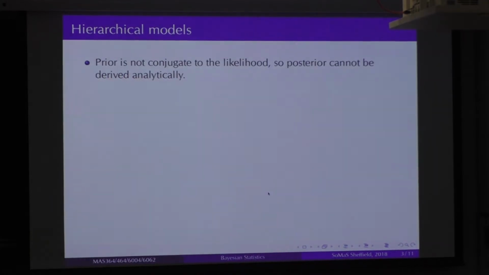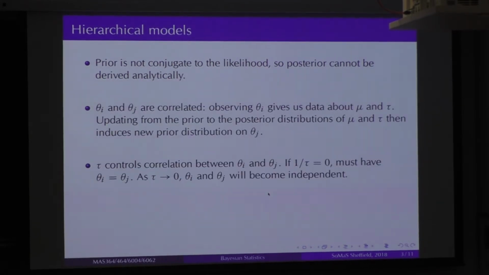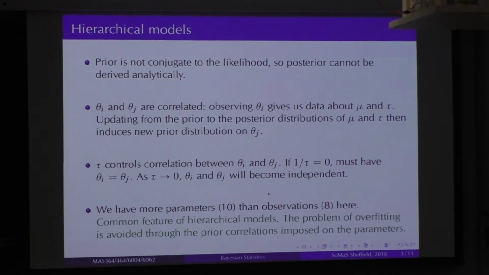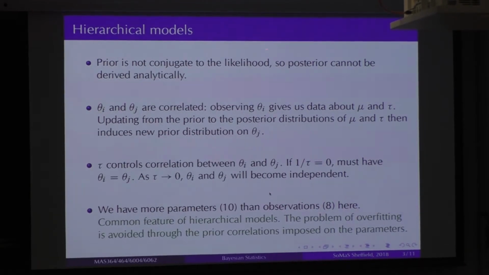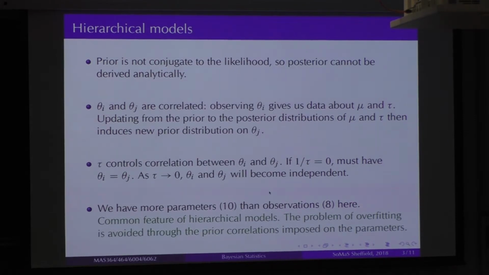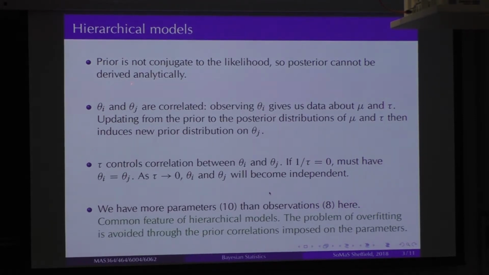Okay. I will talk a little bit about this and then probably write something on the board. So again, I wanted to do this example first, because we know now that the prior is not conjugate.